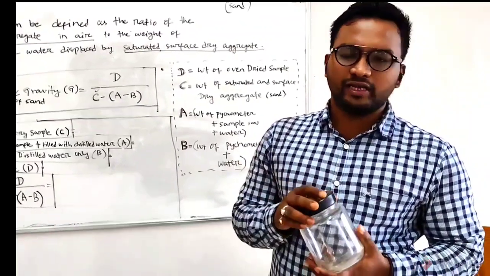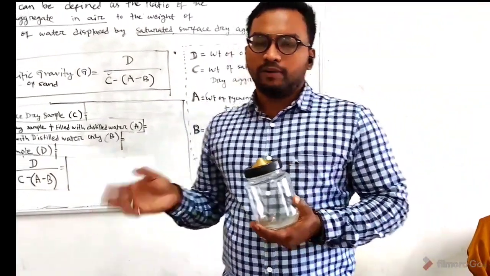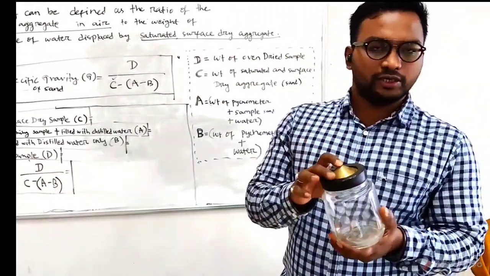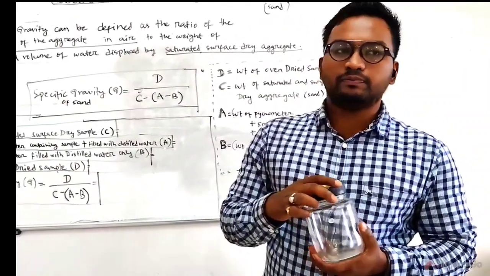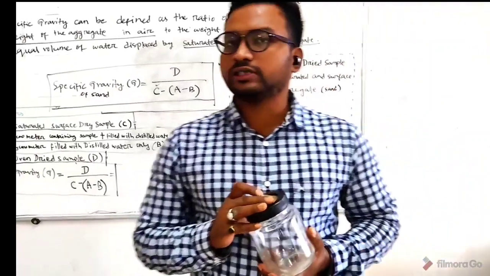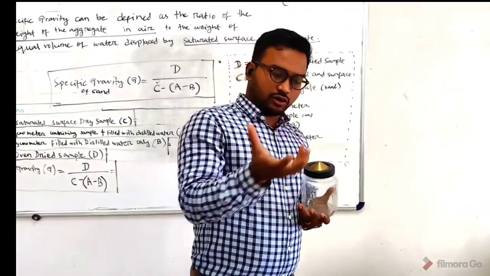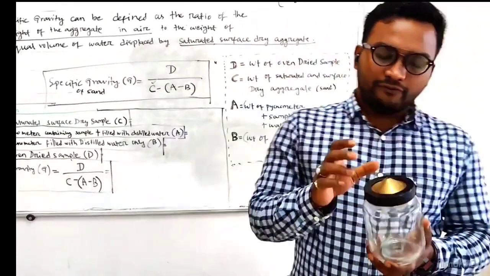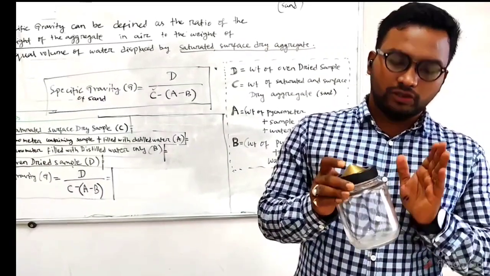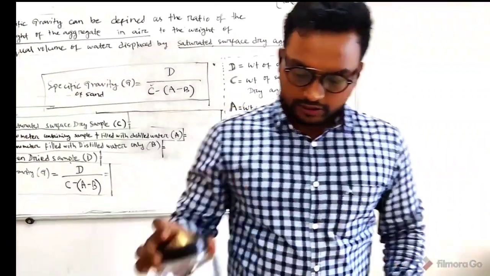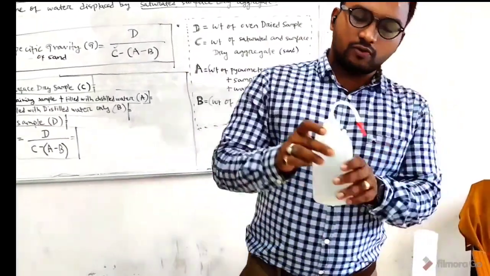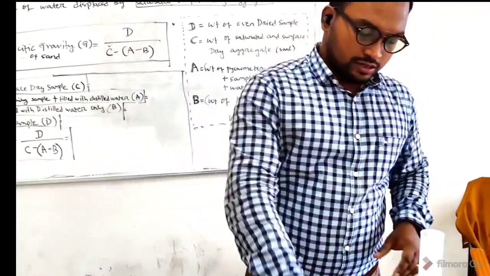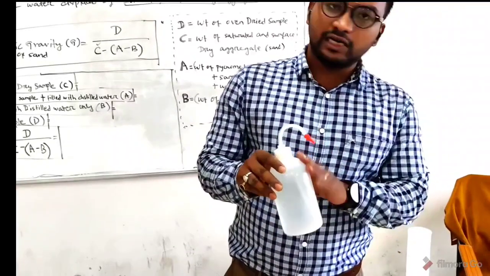We can use various equipment, but for this particular test, we are going to use a pycnometer. We can use a density bottle or a normal glass container. But for this particular test, we are going to use a pycnometer. This is standard equipment used in labs. This is a wash bottle filled with distilled water.